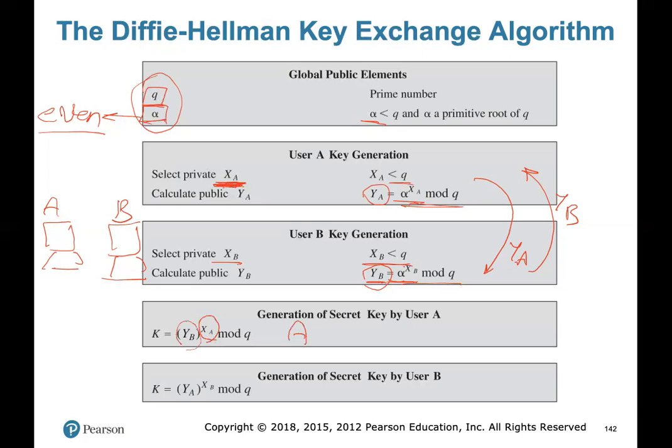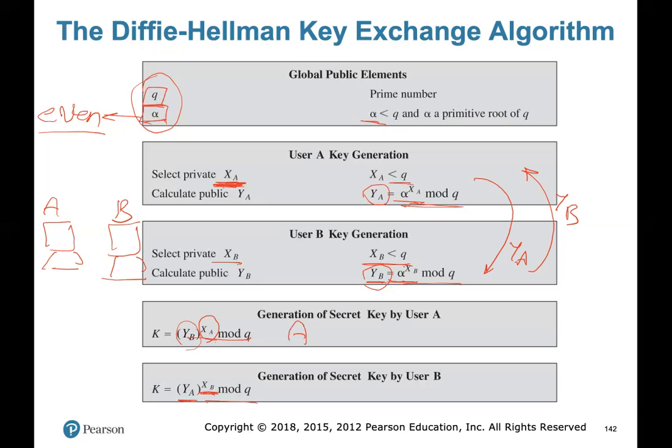Alice calculates YB to the power of XA mod Q, and Bob calculates YA, which he receives from Alice, to the power of XB, which is his private key, mod Q.